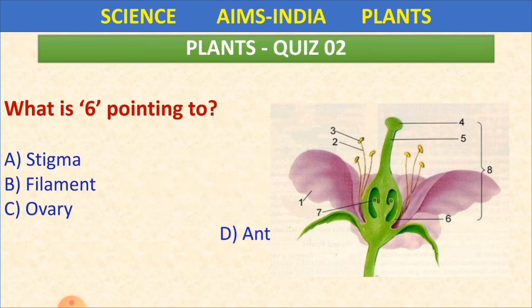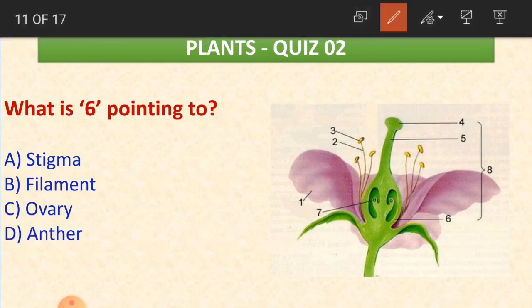What is 6 pointing to? Where is 6? Here, this part, the innermost part of the flower. What is this? Yes, it is the ovary. Right answer.